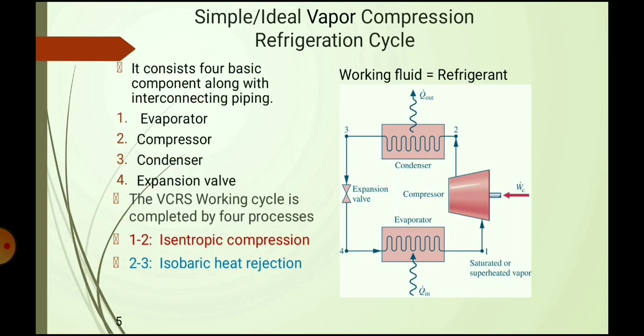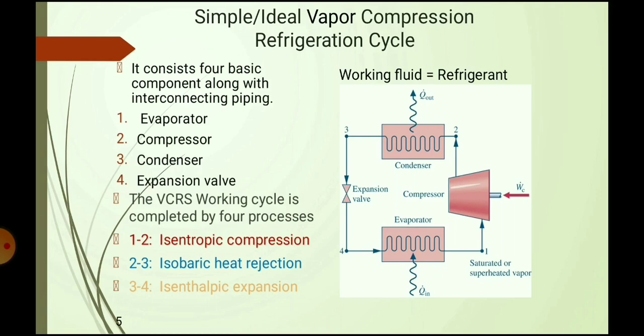and during this process there is a loss of heat. There will be rejection of heat from refrigerant to the environment, and that process happens at constant pressure. That is why the process 2-3 is an isobaric heat rejection process. Next one is the process 3-4, which happens in the expansion valve, where a throttling process takes place.